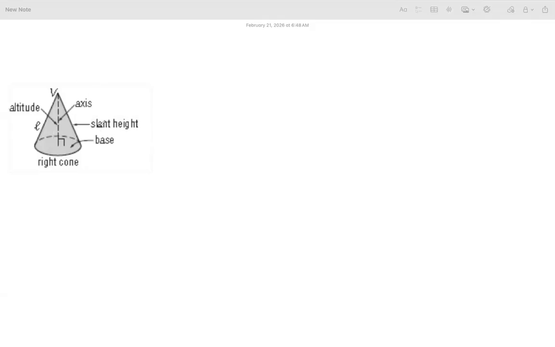Now, what is the relationship between H and L? Who can tell me? The actual height, the slant height. What is the relationship between the two?